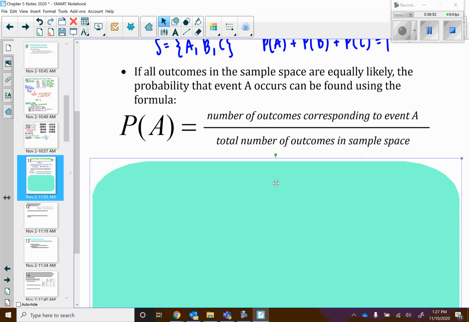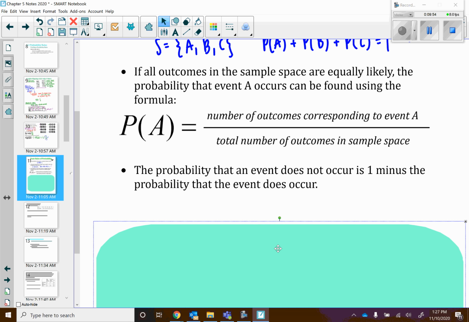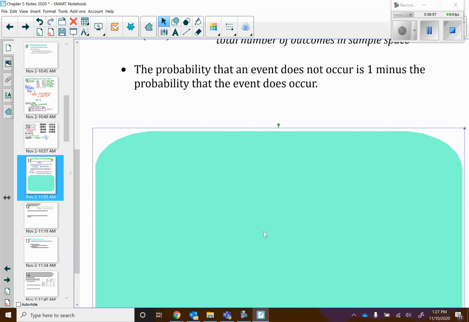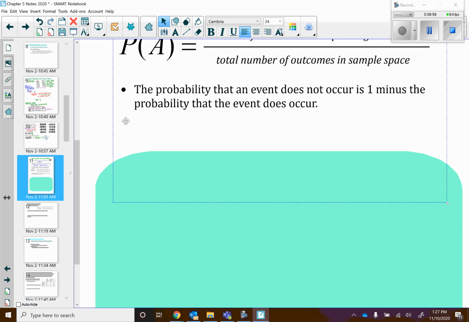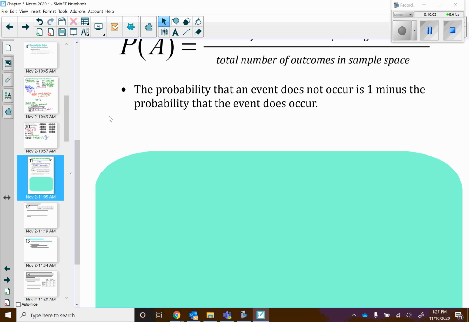Our next fact is that the probability that an event does not occur is equal to 1 minus the probability that an event does occur. So let's think about this. If I am looking at the probability of getting heads and the probability of getting tails, those together are going to equal 1, right?